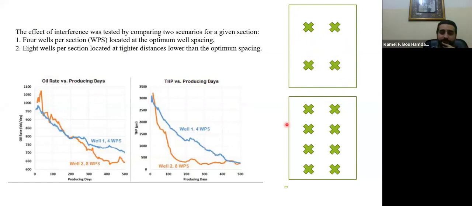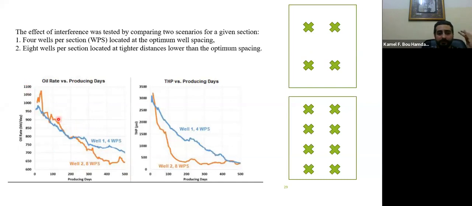If we have the same geometry, but we have 8 wells which are at lower than the optimum spacing, what happens to our production and what happens to our pressures? If we look at the first one, the blue one, this represents the upper example. You can see that we have high oil rates for a long period of time. So here we're talking about 500 days, and it's still acceptable for the well, 700 barrels per day.